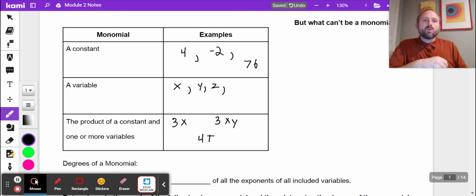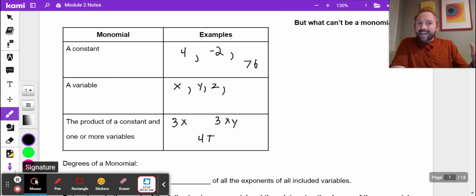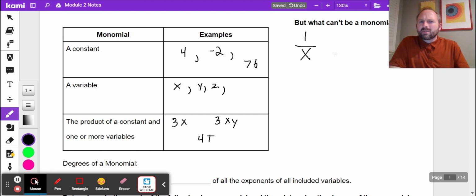But wait, what can't be a monomial? Well, we forgot to mention this. If you have something like this, if x is in a division, is in the denominator, he's downstairs, then he's not a monomial.